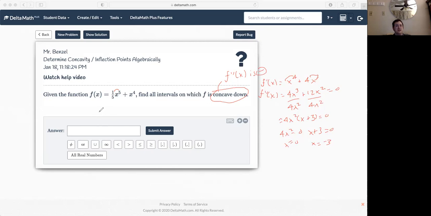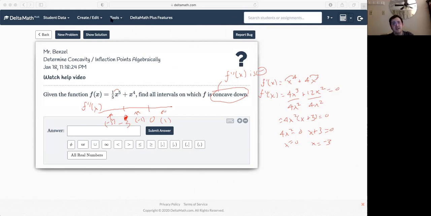I'm going to try a sign chart now. Note that when you make a sign chart, you want to communicate that you are looking at the second derivative. So I'm going to have a negative 3 and a 0. We want to go in order. So maybe I'll try negative 1, 1, and negative 5. And I put in parentheses that these were the numbers that we tried.